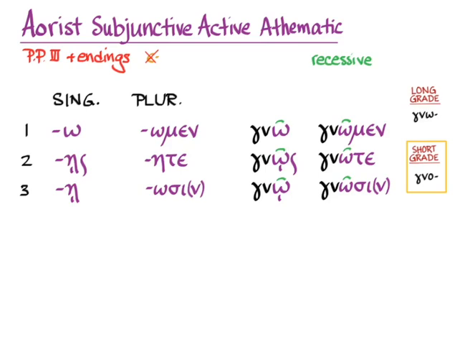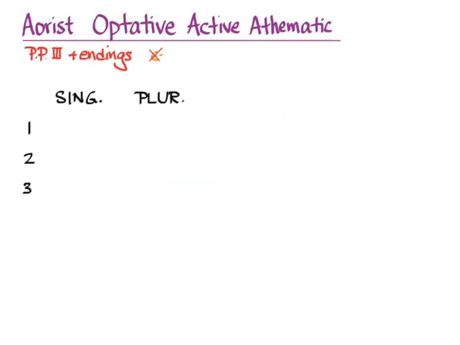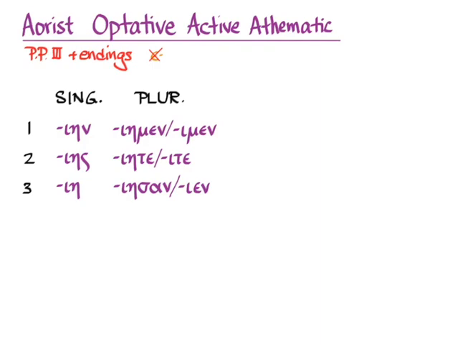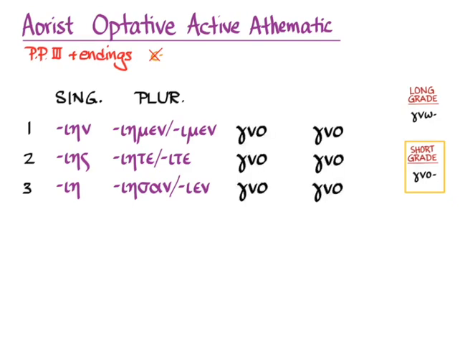So now we can go on to the optative. Here again, we're going to have endings that are familiar to us from the things that we did with the other mi verbs. And we're going to choose the short grade gno. We'll put those in there. And then we get to add those endings, which conveniently make nice diphthongs with the omicron of the short grade ending.